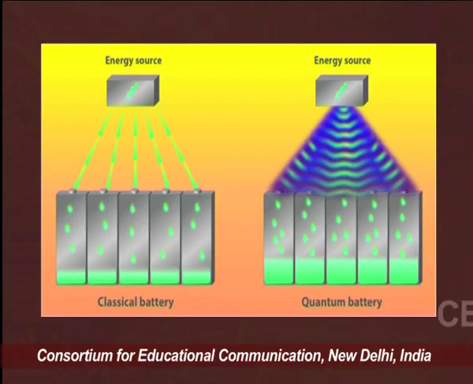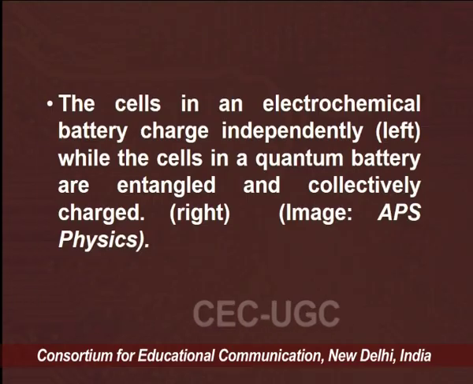Now you can see with this diagram that on the left hand side we have a conventional battery being charged, and on the right hand side we have the quantum batteries. Classical batteries are charged one by one, but the quantum batteries are charged simultaneously, and they are charged faster as compared to the conventional battery.